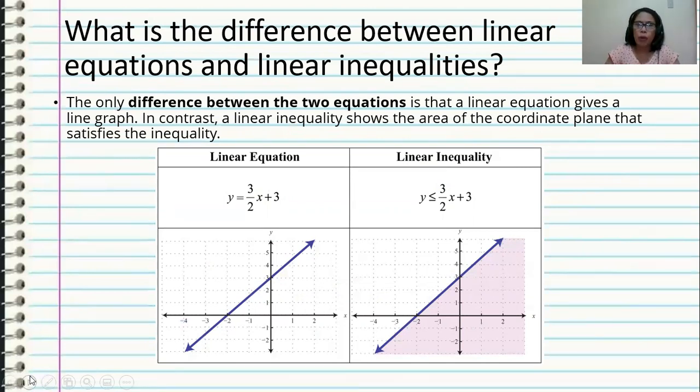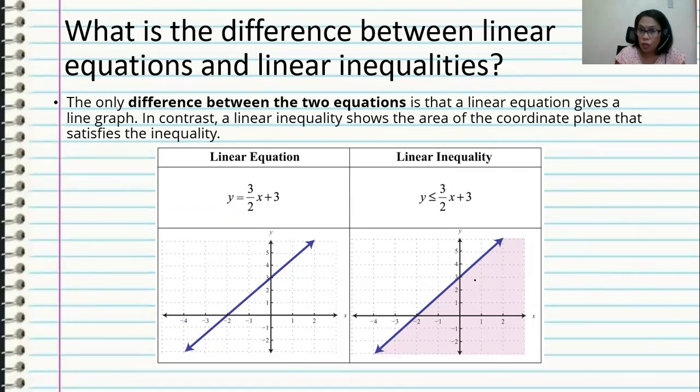If we're going to compare a linear equation and a linear inequality defined by y equals 3 halves x plus 3 and y is less than or equal to 3 halves x plus 3, the linear equation gives a line graph, this one, while the linear inequality shows the area of the coordinate plane that satisfies the inequality.